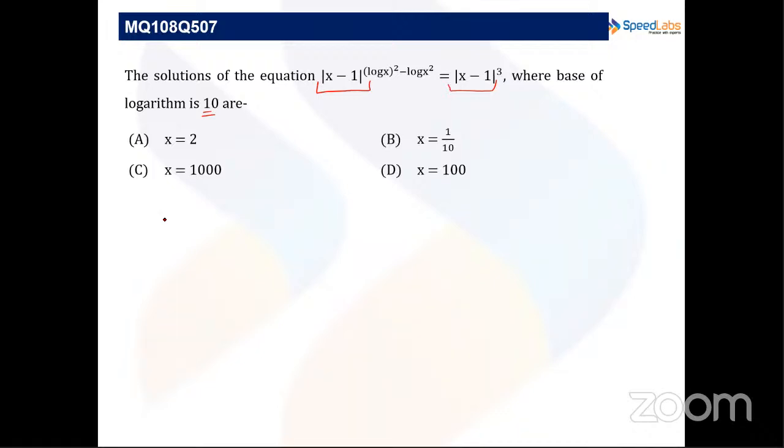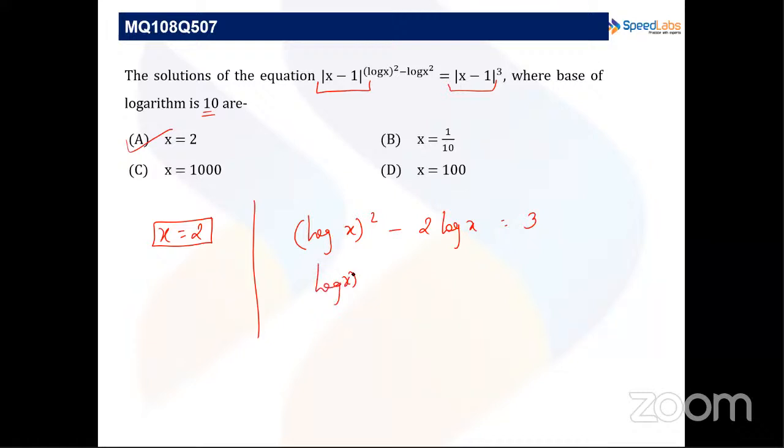So base will be equal to 1 when x equals to 2. So x equals to 2 is obviously one solution. Now let's check for the others. So we will have log x whole square minus 2 log x using the property of log, it is equals to 3. So log x whole square minus 2 log x minus 3 equals to 0.